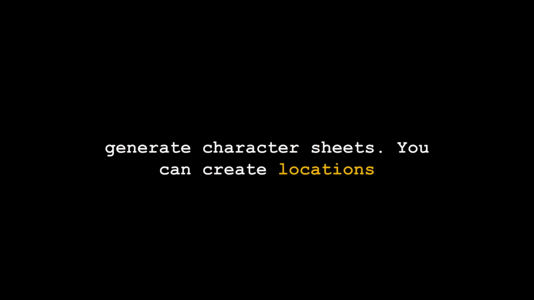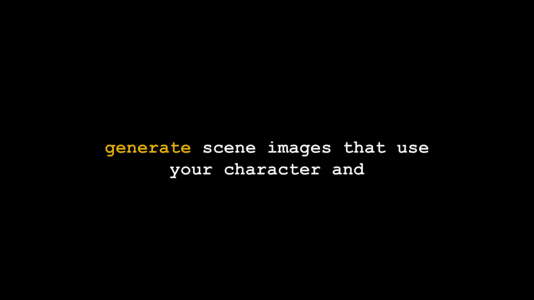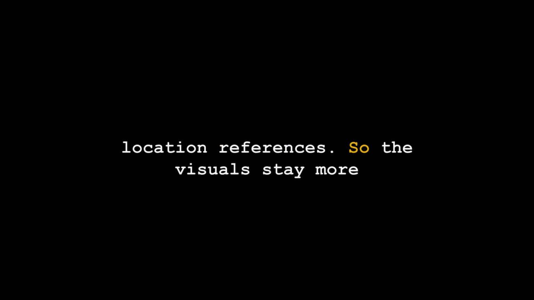You can create locations and generate reference images for them. You can generate scene images that use your character and location references, so the visuals stay more consistent. You can have AI pull production notes from each scene, characters, objects, locations, wardrobe, props, whatever the scene actually requires.